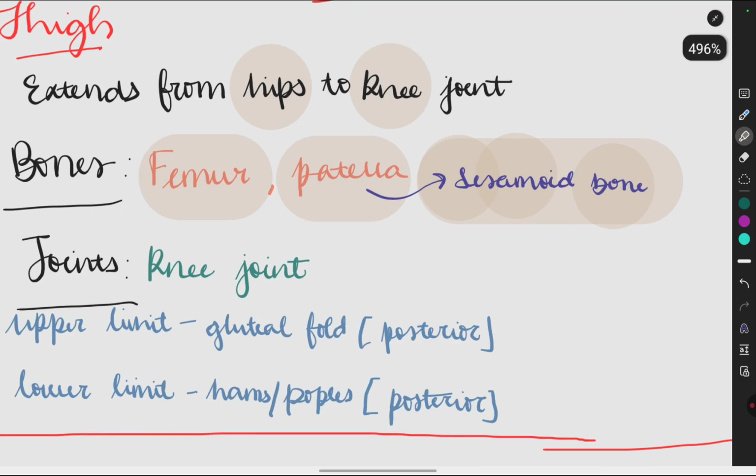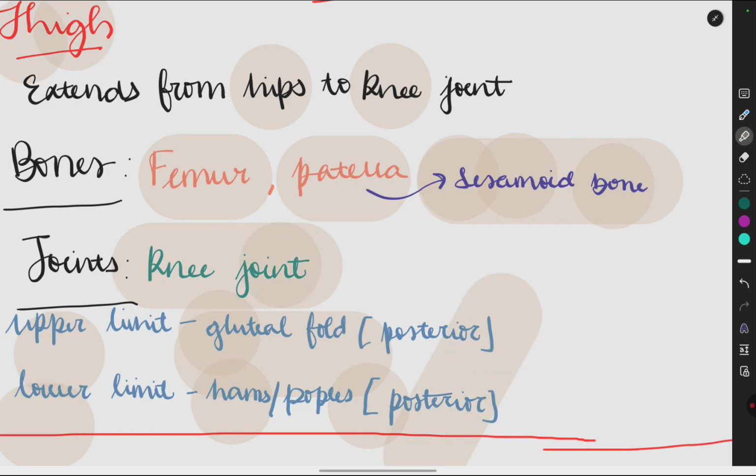Talking about the joints, the thigh contains the knee joint. The upper limit is the gluteal fold, and the lower limit is the hamstrings. The thigh contains these things.